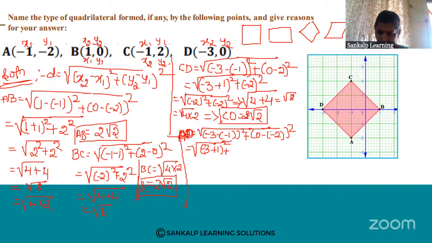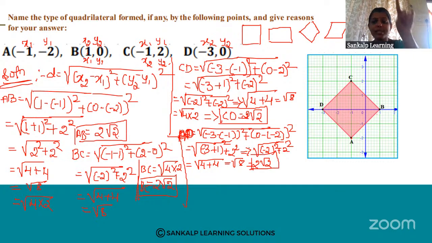Plus 0 minus into minus is plus, so this is 2 square. So again it is minus 3 plus 1 is minus 2 square plus 2 square. Yes or no? Now minus 2 square is 4 and 2 square is 4. That means again it is 8. So 8 can be written as 2 root 2. The value of AD is also equal to 2 root 2.